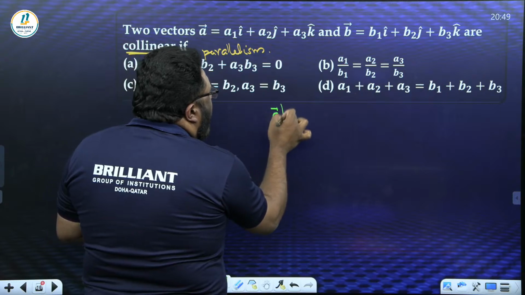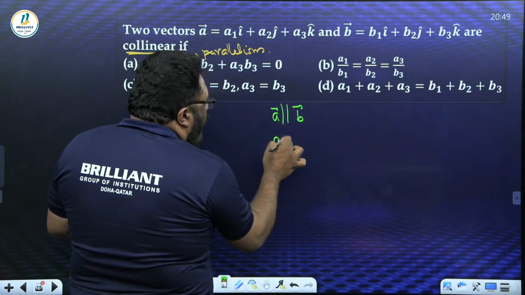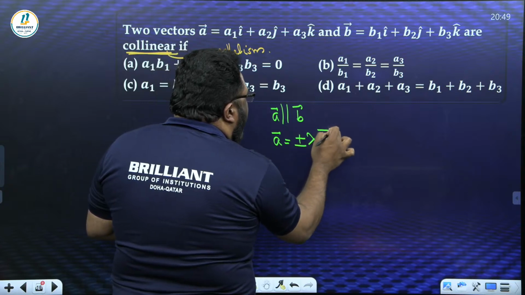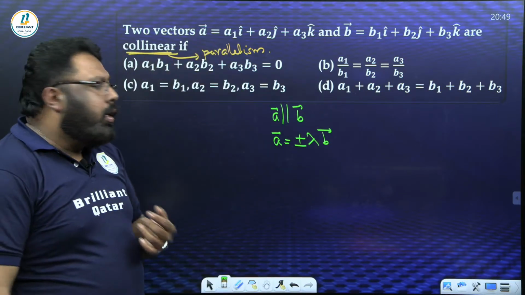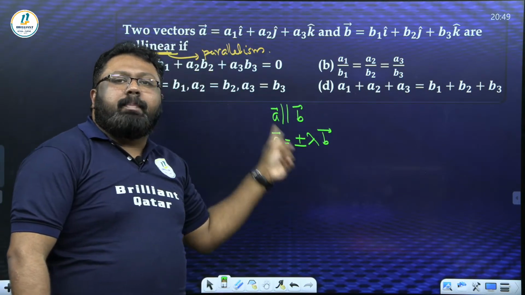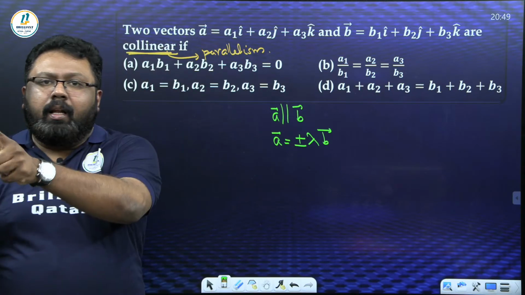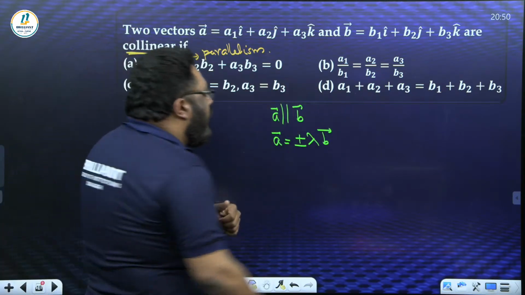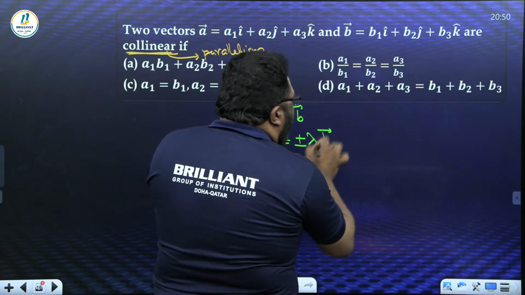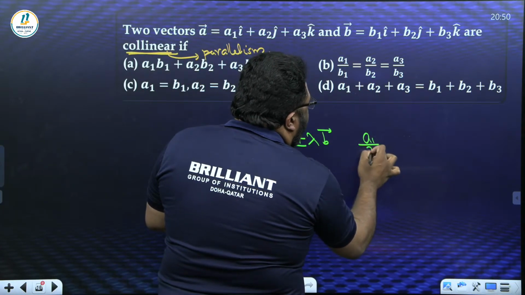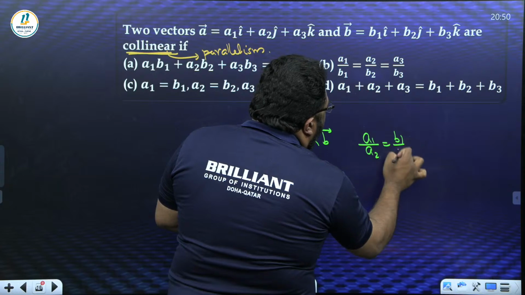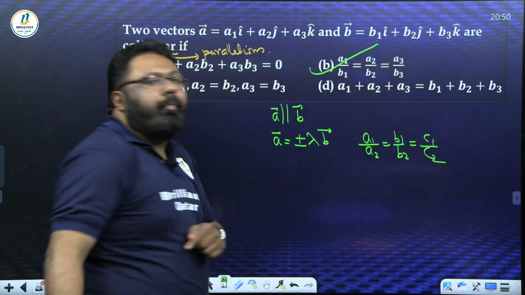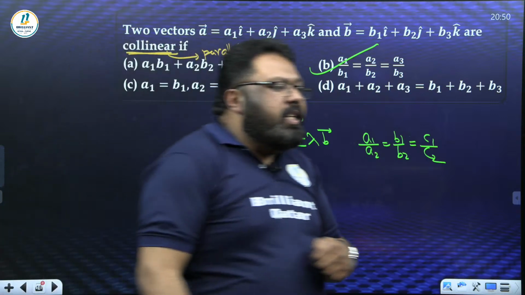If two vectors are parallel to each other, one vector is going to be plus or minus a scalar multiple of the other vector, parallel or anti-parallel. Or in other words, because they are multiples of each other, their corresponding components are proportional. Option B. What is the condition of parallelism, all of you?